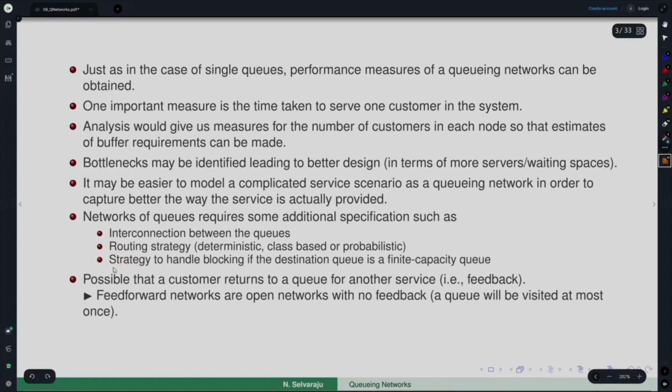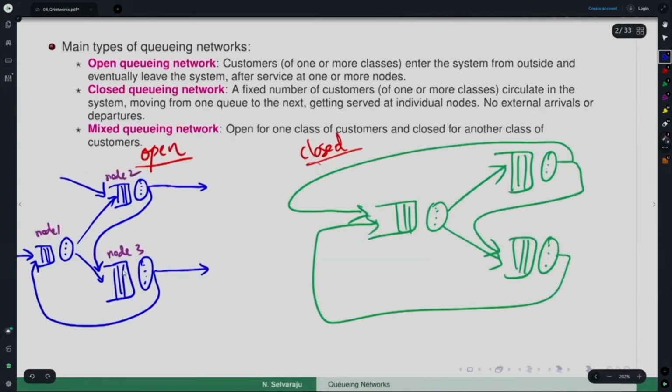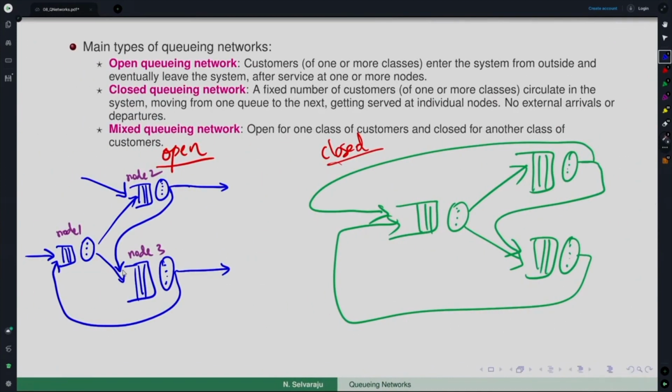And then you have the strategy to handle blocking if the destination queue has finite capacity. Typically, here we might assume that all these nodes are infinite capacity nodes, meaning any number of customers can queue in front of the server, right. Everywhere we can assume that way.